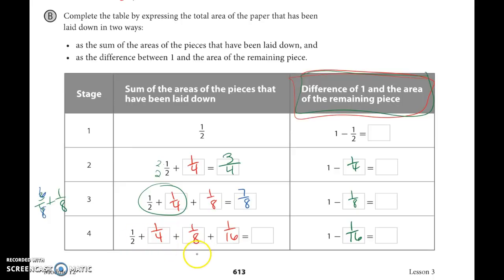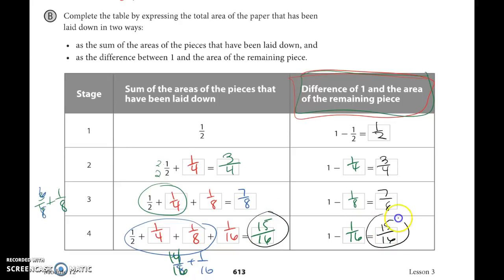And then here I have 7 over 8 plus 1/16. So that's 14 over 16, so I get 15 over 16. And then if I do these over here, 1 minus a half is a half, 1 minus a fourth is 3/4, 1 minus an eighth is 7/8, and 1 minus 1/16 is 15 over 16. And you'll see that these values are equal. So there's two ways of looking at this.